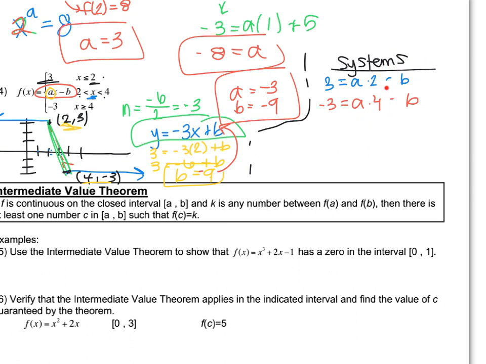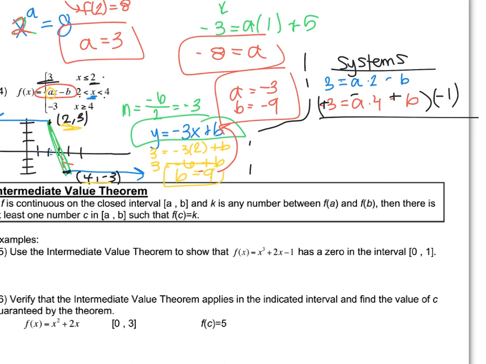So we see here the negative b and negative b. If I add these together right now, that would be negative 2b. However, if I made this simple change of negating this whole second equation and multiplying it by negative 1, that would make this a positive 3, this a negative 4a, and that negative b a positive b.